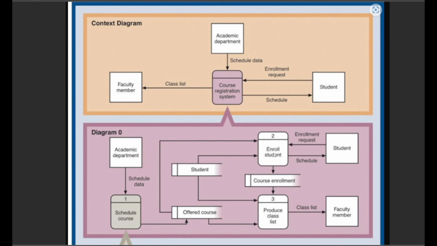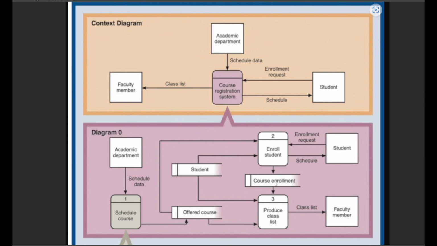So for example, there we have the process of enrolling the student, because the student requests for an enrollment. After enrolling the student, it will save that onto a database for the course enrollment.